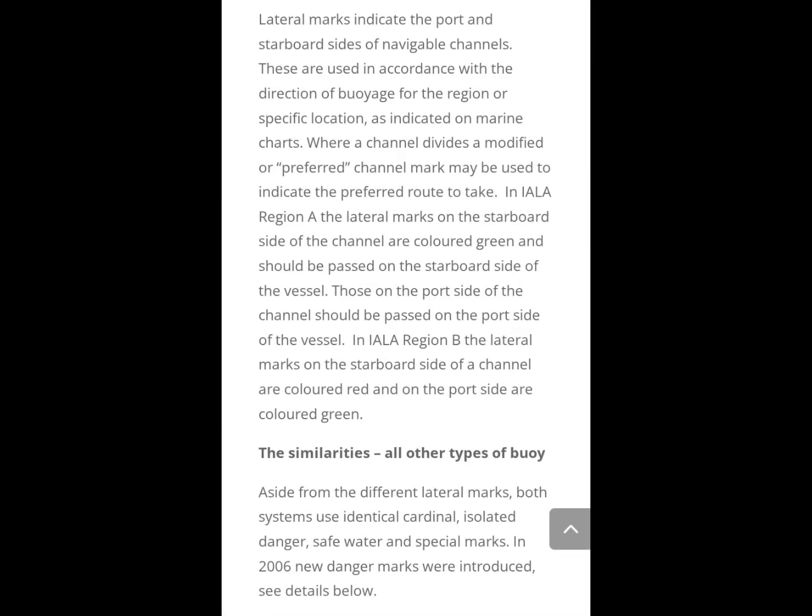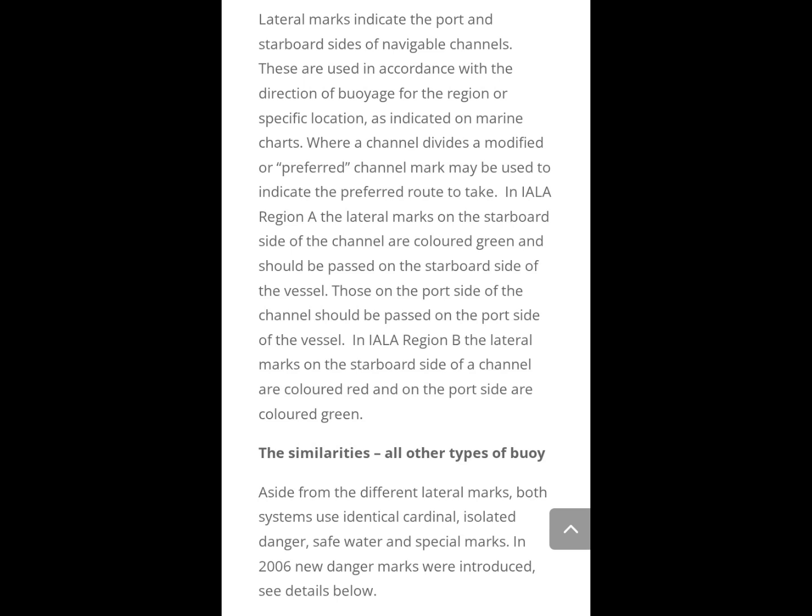Lateral marks indicate the port and starboard sides of navigational channels. These are used in accordance with the direction of voyage for the region or specific location as indicated on maritime charts. Where a channel divides, a modified or preferred channel mark may be used to indicate the preferred route to take.